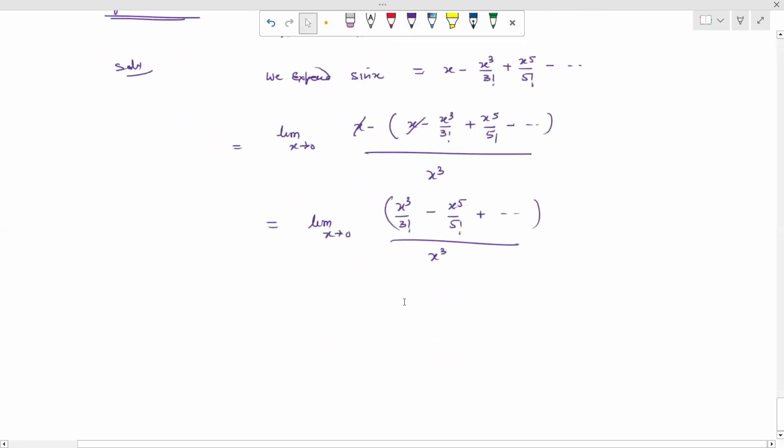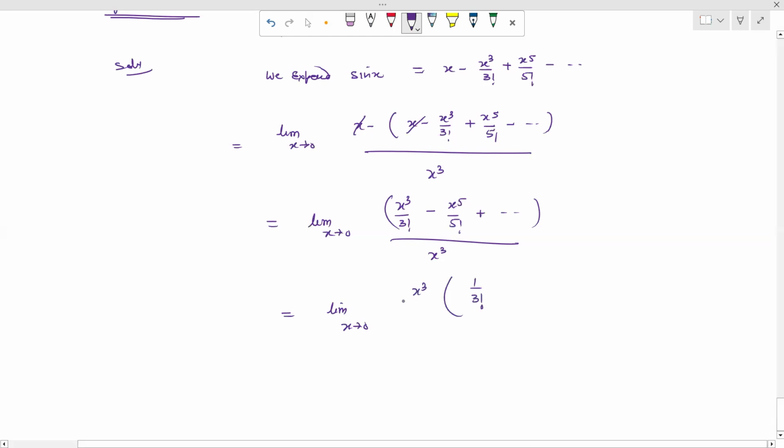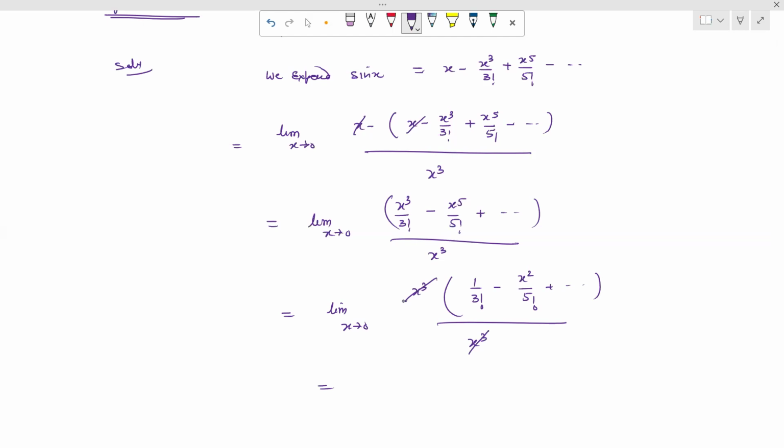In this we can take x cube common in the numerator: 1 upon factorial 3 minus x square upon factorial 5, and the further terms will also contain x, so x cube cancels. When we apply the limit x tends to 0, this gives us 1 upon factorial 3. The value of 1 upon factorial 3 is 1 by 6. Other indeterminate form problems we will solve in the next video.